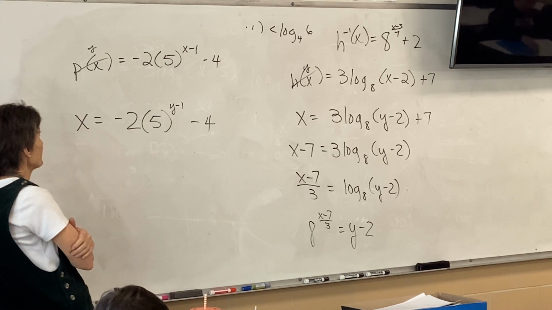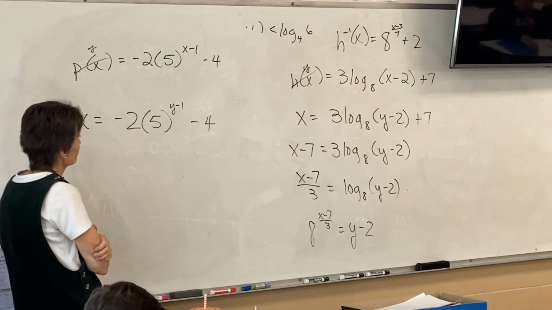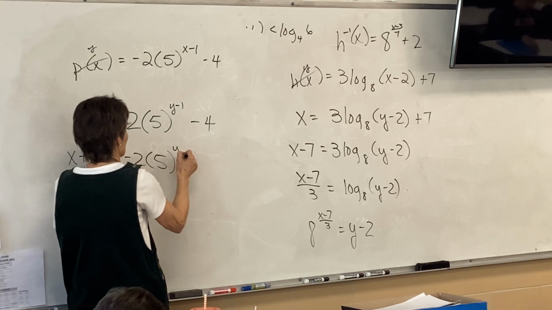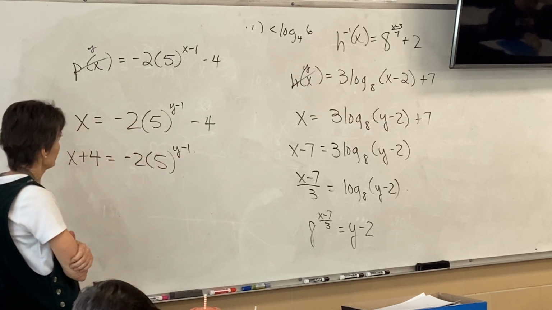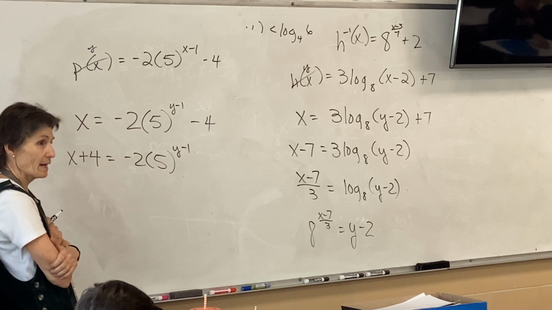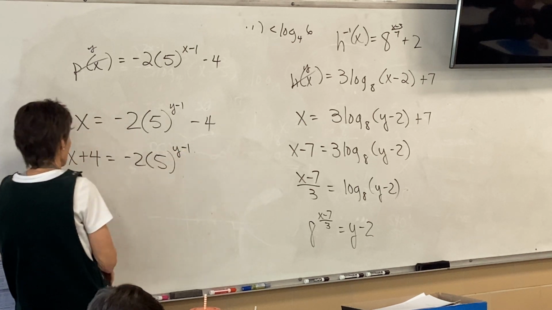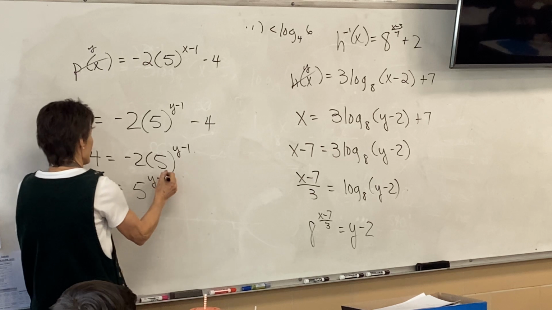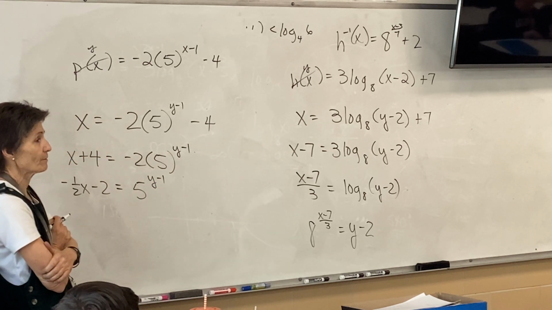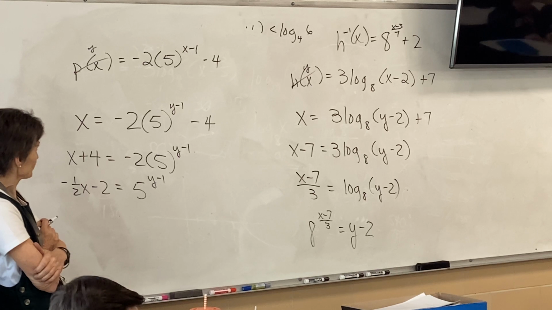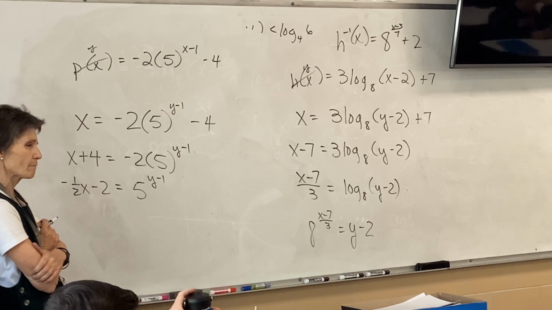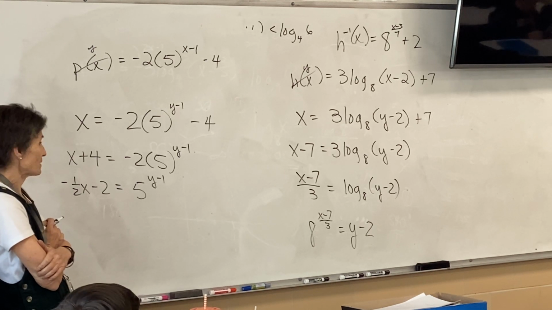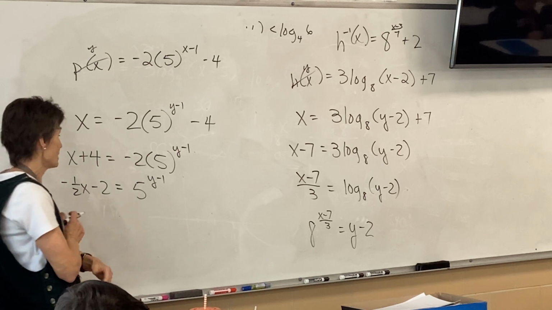All right, now what? We're solving for y. So we will add the 4. Divide by -2, either as a chunk like I did over there, or you can do it individually. Doesn't matter. Whichever one you want to do makes no difference at all. Now what? I am going to have to take the logarithm of both sides. So here we go.